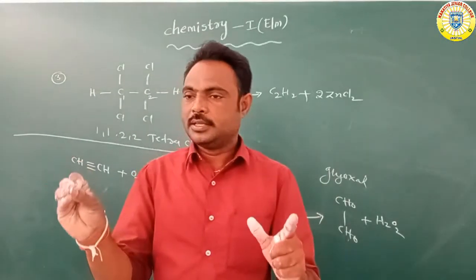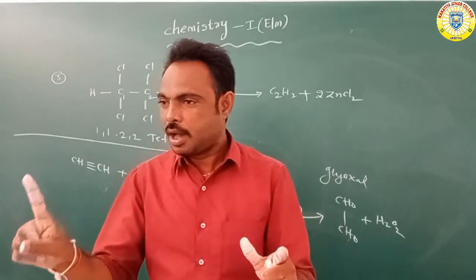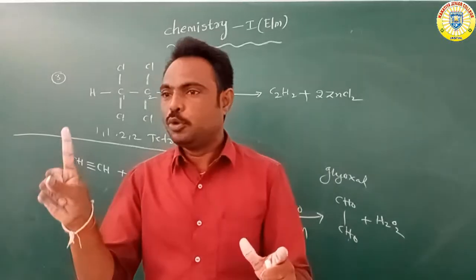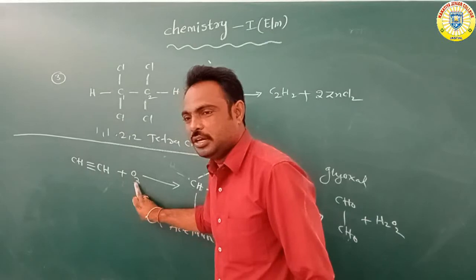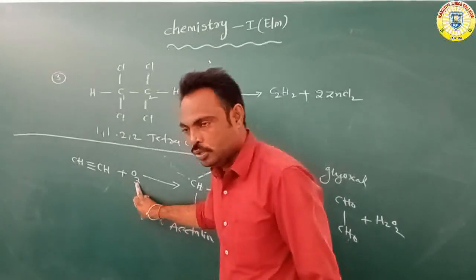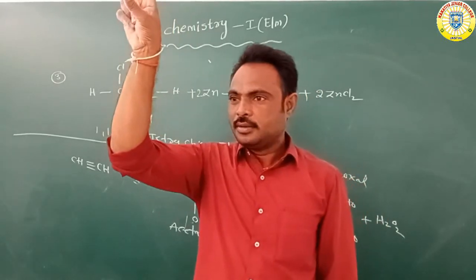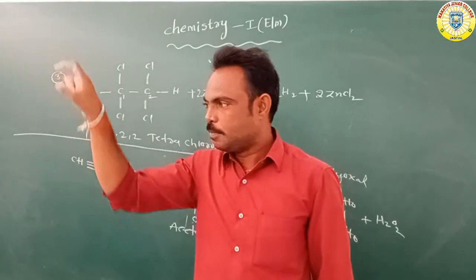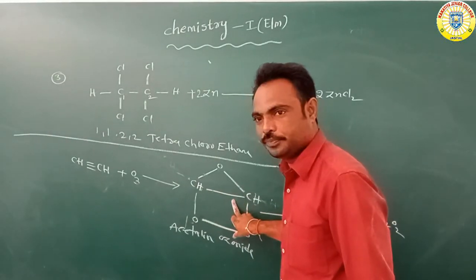Listen. Acetylene C2H2 or CH triple bond CH. So this acetylene reacts with the ozone to form ozonide. So oxygen bond CH, bond O. Between CH, it is 1 bond.